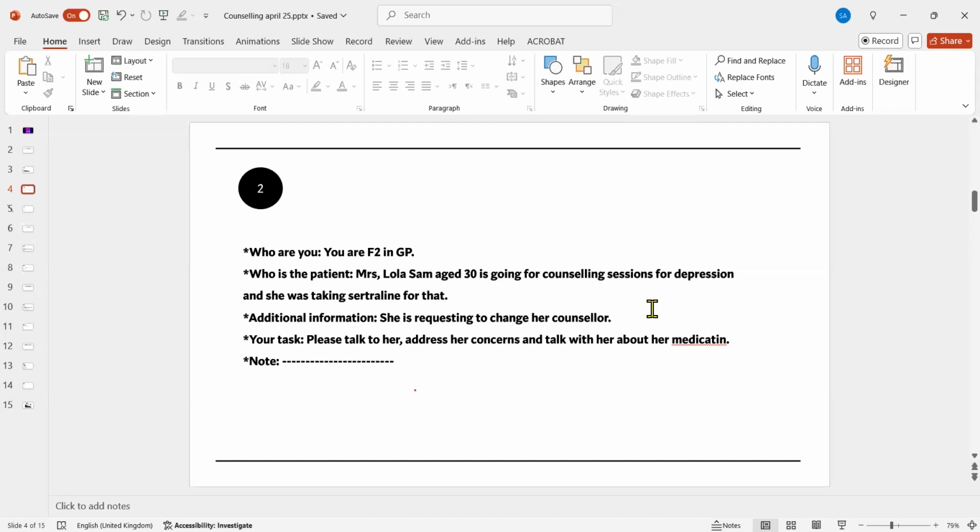Which one is it? Starting the medication, I mean, if the depression is the criteria for starting the medication, or the action of the counselor.